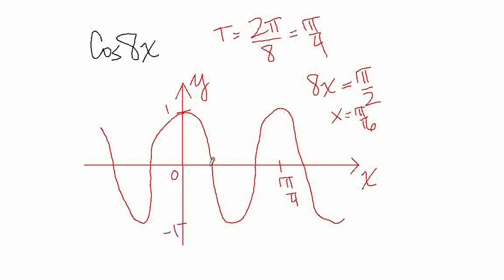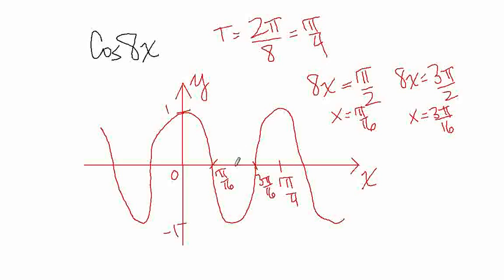So that means that the first x-intercept is at pi over 16. Okay, and the next x-intercept occurs where 8x is equal to 3 pi over 2. So x is equal to 3 pi over 16. Okay, and so that's another way that you could make sure you get the intercepts correct for your graph.